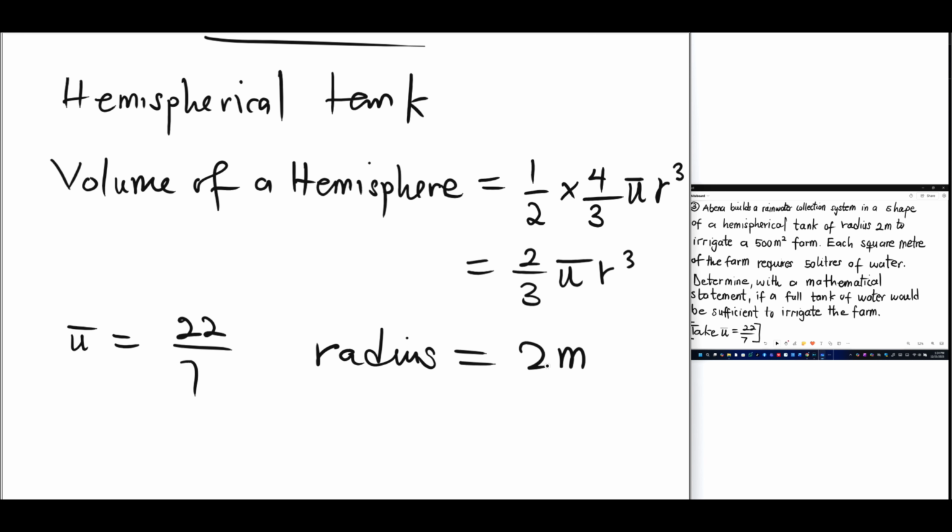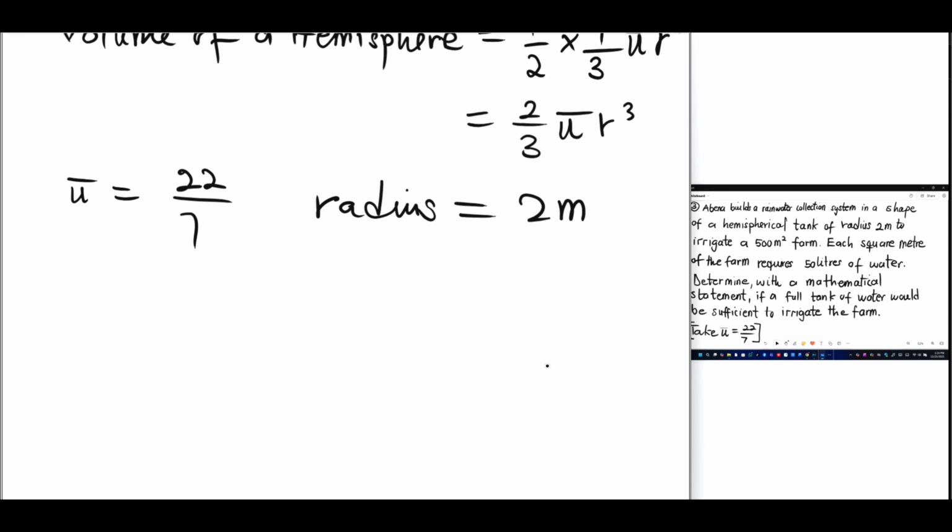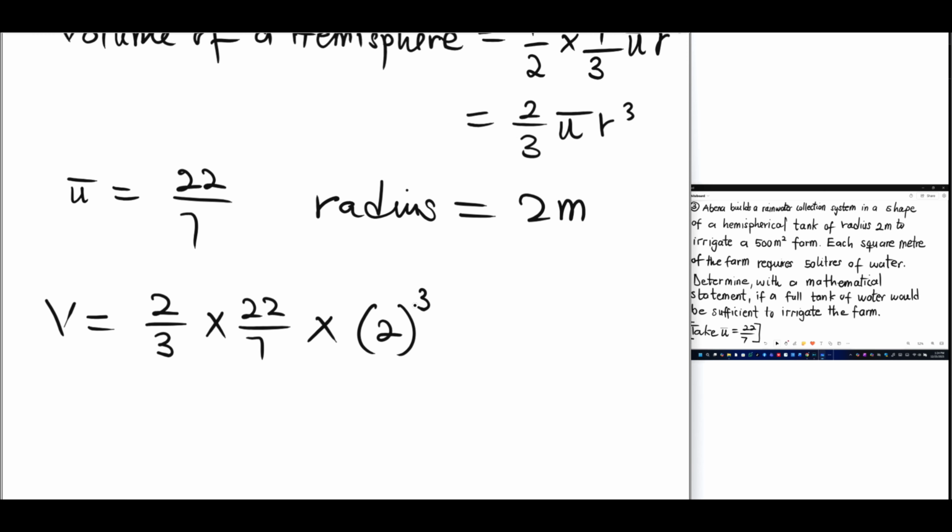So by substitution, our volume will be equal to 2/3 times 22/7 times the radius, which is 2 exponent 3. So here we are going to get our volume to be 2/3 times 22/7, then times 8.